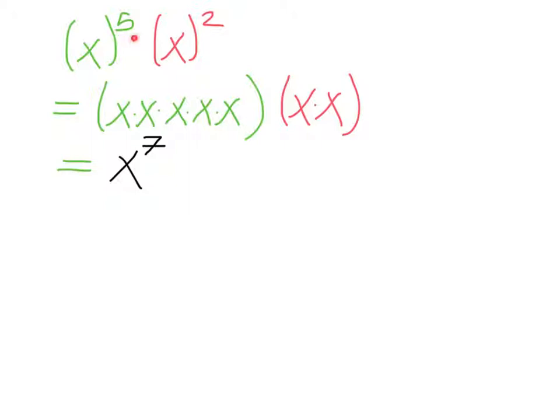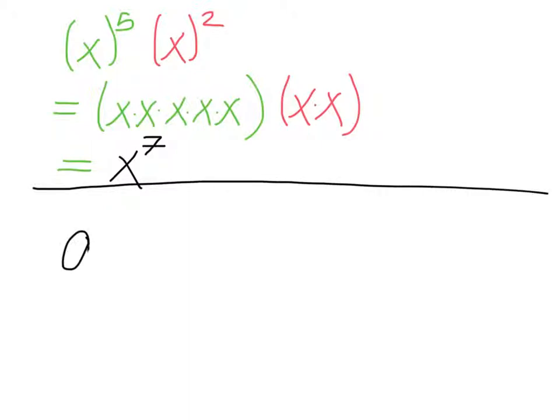So I have x to the 5th, and I have x to the 2nd power, and I got x to the 7th. So really what happened is I had a 5 here and a 2 there, and those were added together, and I got x to the 7th. In reality, that's what's happening when you multiply two terms with the same base but different exponents. So our general rule for this circumstance is as follows.